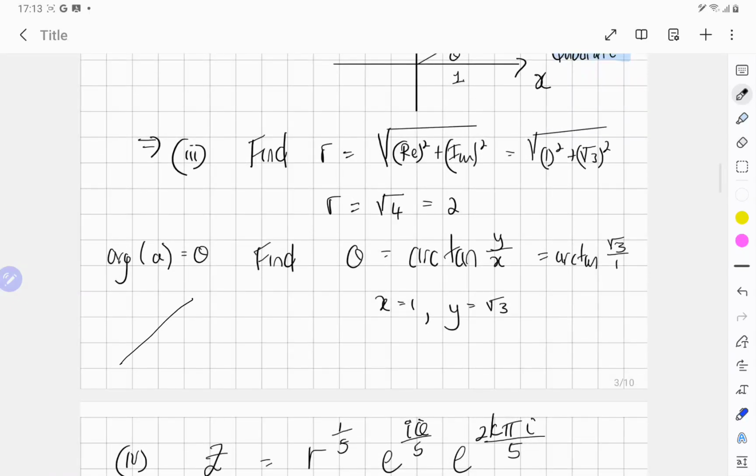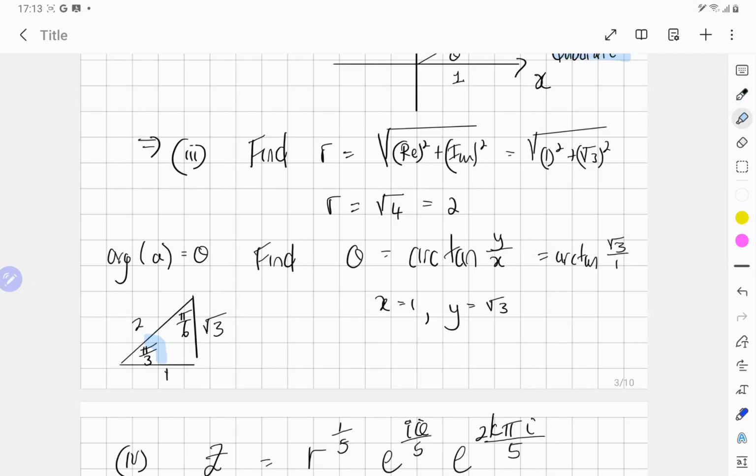Now, like I said before, very important you know your special angles. I see that a lot of students are still using the fan from school, but I prefer doing these because at this stage you should immediately see arctan of which angle is root 3, and you see it is pi over 3.